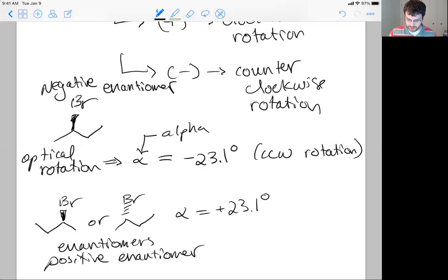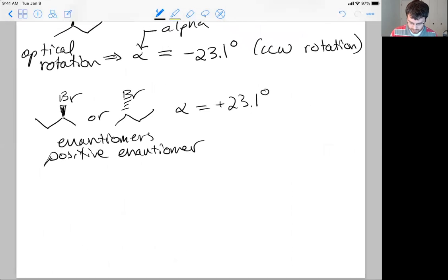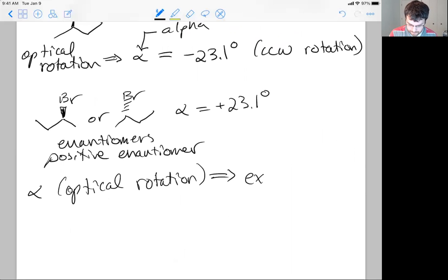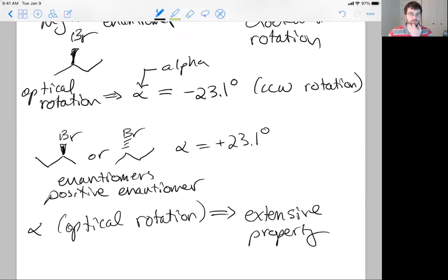Now, what we need to recognize, though, is that the optical rotation, alpha as it stands, is an extensive property. What I was assuming about these two molecules as I presented them to you is that when you put them into the instrument to determine the extent to which light is rotated clockwise or counterclockwise, we use an identical instrument and the same amount of sample in both cells.